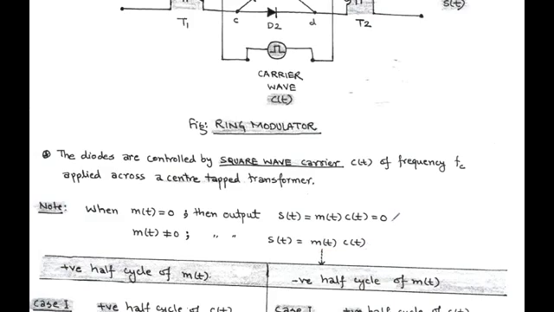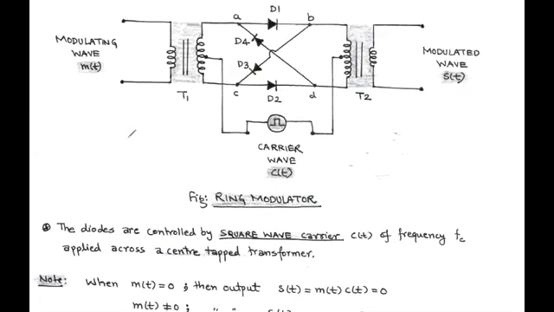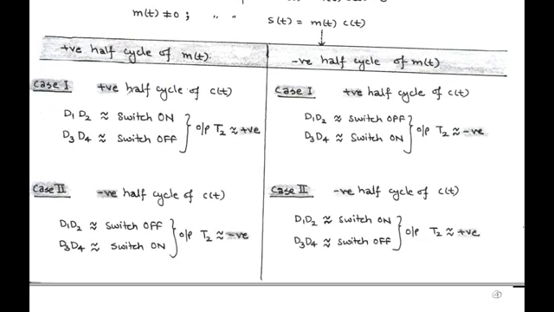For simplicity, we take a sinusoidal message signal, taking a positive half cycle and a negative half cycle of the message signal. In both cases, the diodes are controlled by a carrier wave.